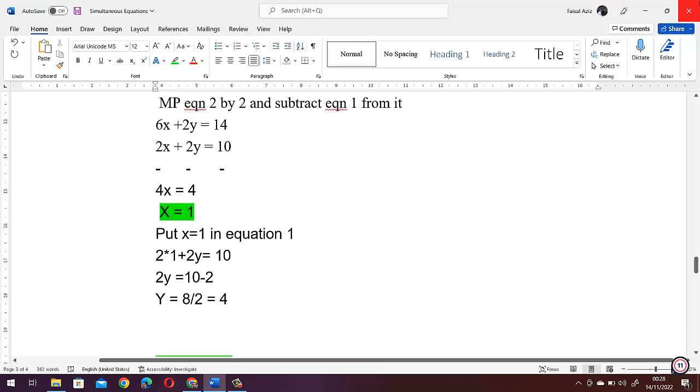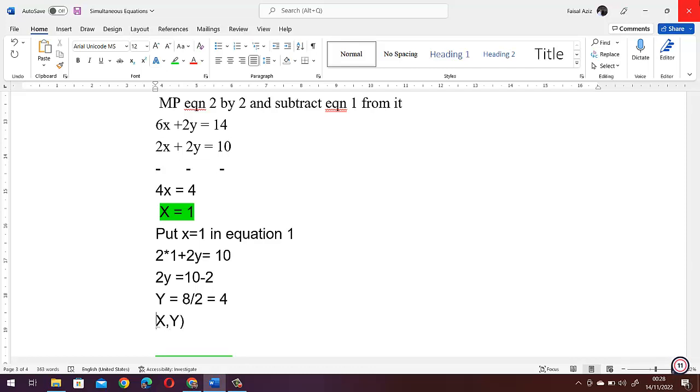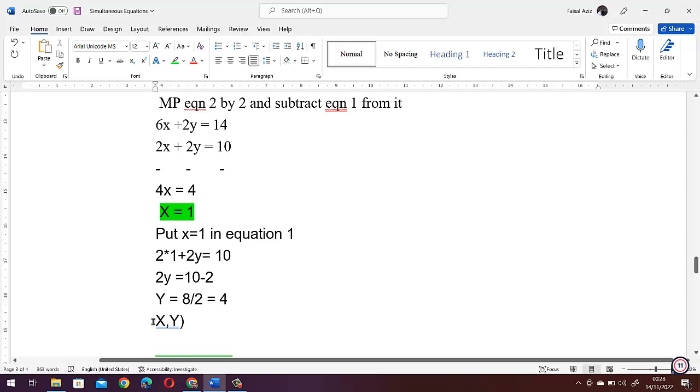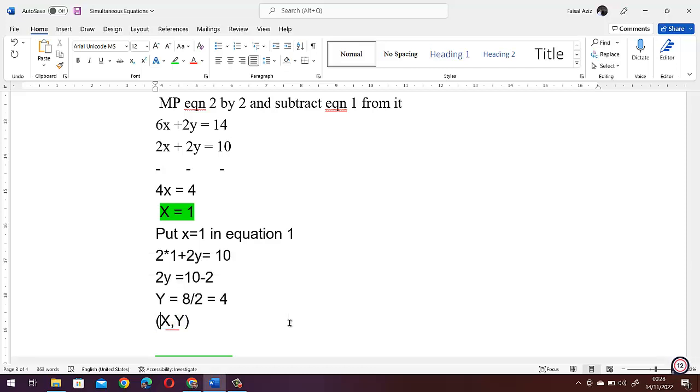So our solution set x comma y will be equal to 1 comma 4. So this is our solution set through algebra.